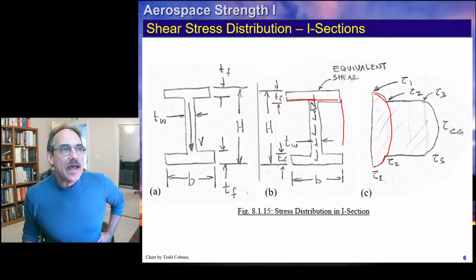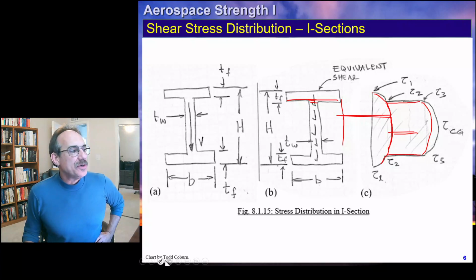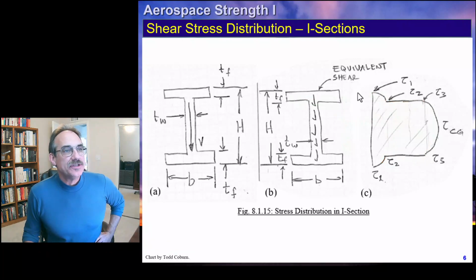And just below that, we have practically the same Q, because all the Q above it is about the same. But now we have a much smaller width. It's like taking this piece here and just shifting it over to here, with this discontinuity here. So this is how our stress distribution looks for I sections.